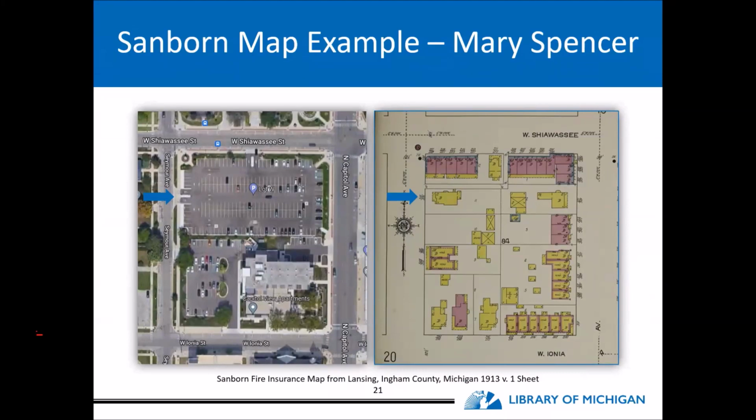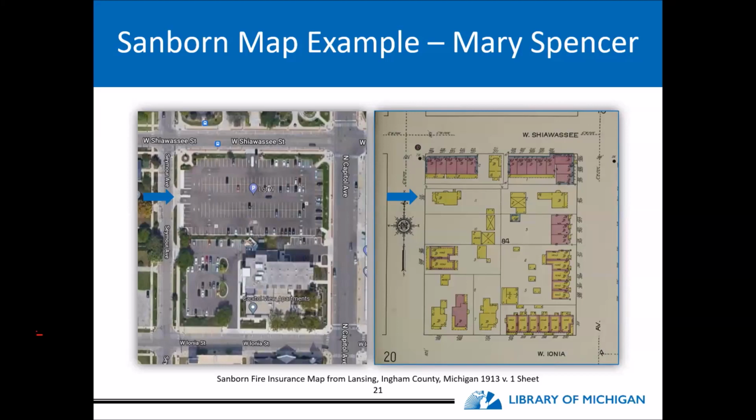Then we look at the block, and if we do a Google map, which is the image on the left, we can see it's a parking lot now. But through the Sanborn map, we can at least construct a historical mental image of, okay, this person lived or worked in this building, and the surrounding buildings on the block were roughly shaped like this and maybe housed this type of business.